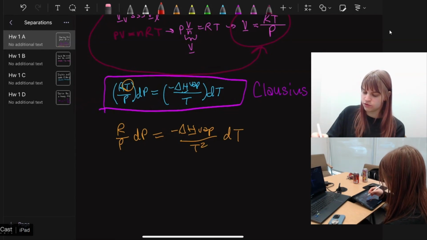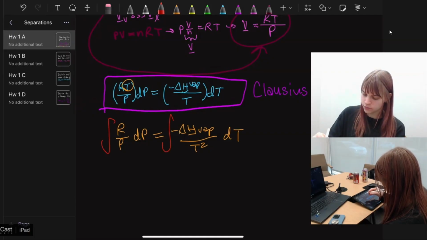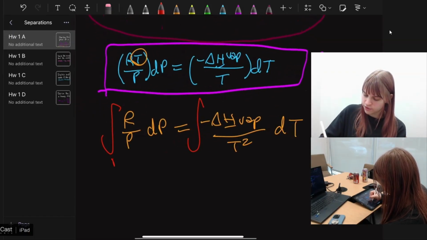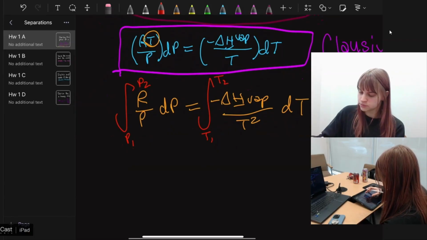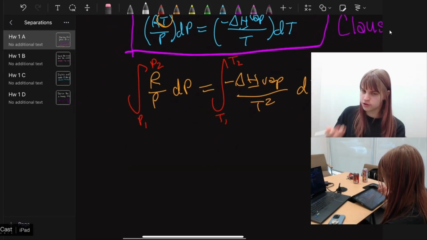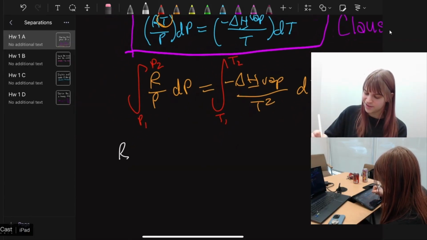And we are going to integrate each side. This side we're integrating from the first pressure to the second pressure. This side is from the first temperature to the second temperature. This universal gas constant is a constant, so we can pull it out.